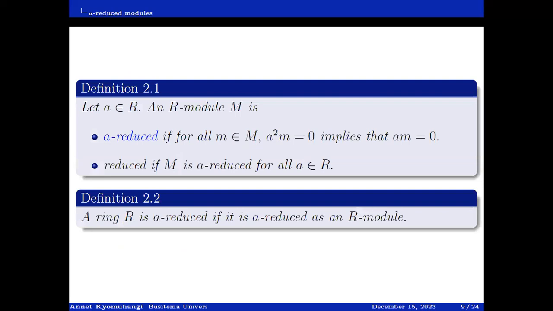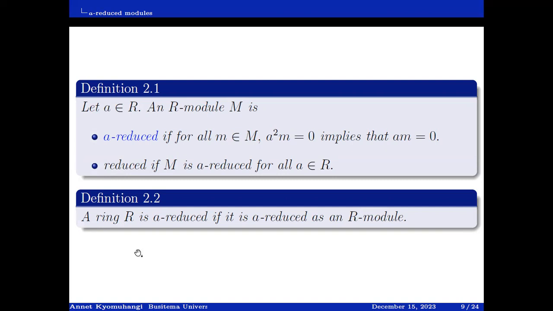And this takes us now to looking at the relationship between this gamma, the I torsion functor, and the reduced modules. We have seen the definition of the reduced modules. Here we now introduce the local definition of reduced, where we define the reduced modules in terms of a single element.